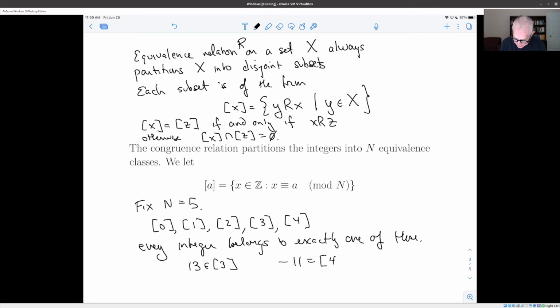We did that calculation up above. And there's no number that's in the intersection. You can't be congruent to both 2 and 3 mod 5. If you were congruent to both 2 and 3 mod 5, then by transitivity, you'd have to have that 2 and 3 were congruent mod 5, which is clearly not true because 3 minus 2 is 1, which is not divisible by 5.